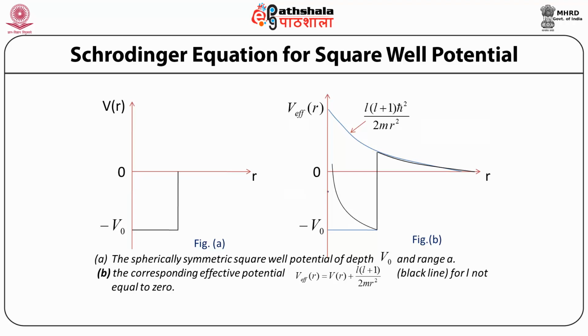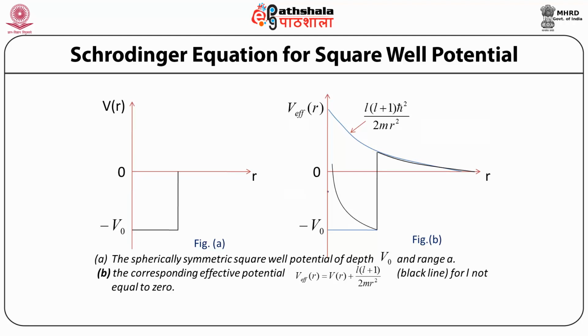Now, the corresponding effective potential is plotted in figure B. On the y-axis we have plotted V effective r, and on the x-axis the radial distance r. The second term of V effective, which is V(r) plus l(l+1) by 2mr square, is basically of 1 by r square form and it falls off with r as shown in the curve.